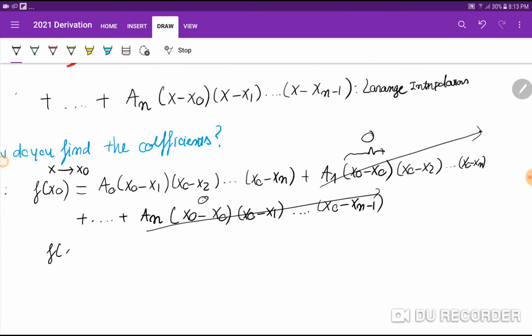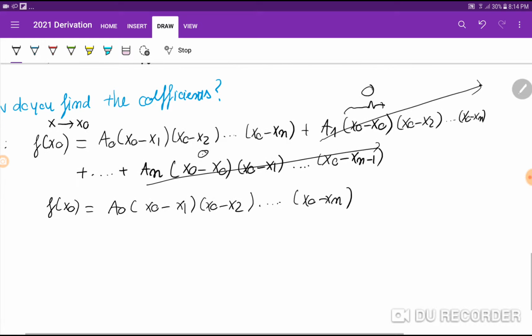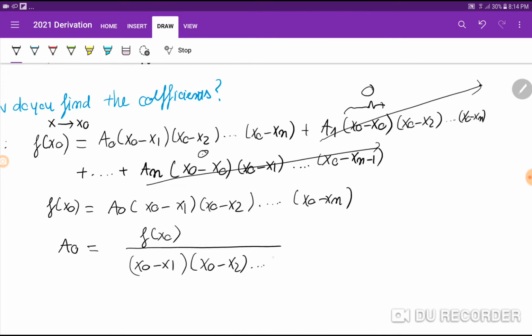You have f(x0) equal to a0 times (x0 minus x1) times (x0 minus x2), all the way to (x0 minus xn). So to solve for a0, you would divide both sides by (x0 minus x1) times (x0 minus x2) times all the way to (x0 minus xn).